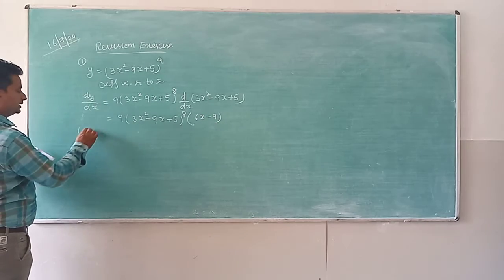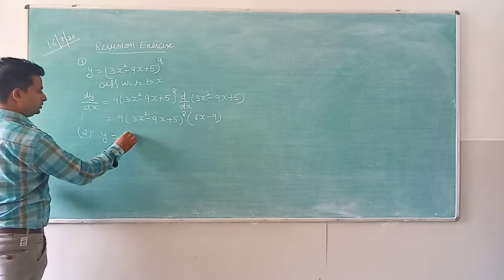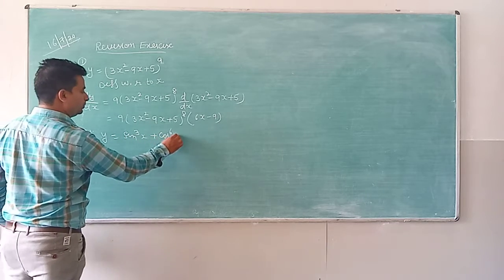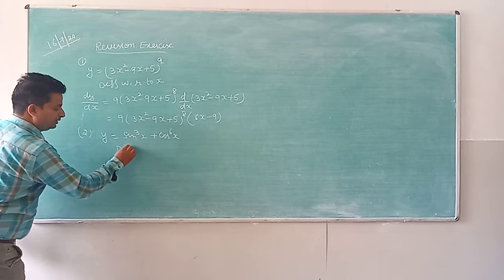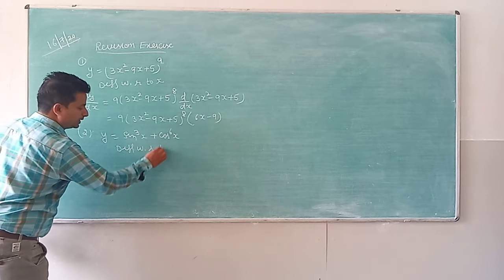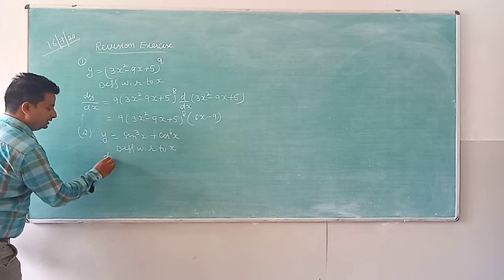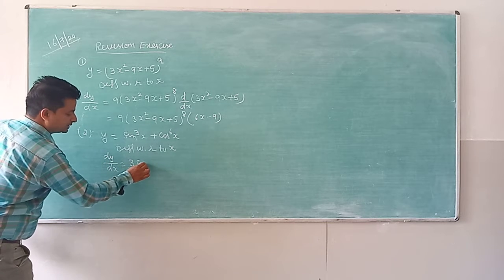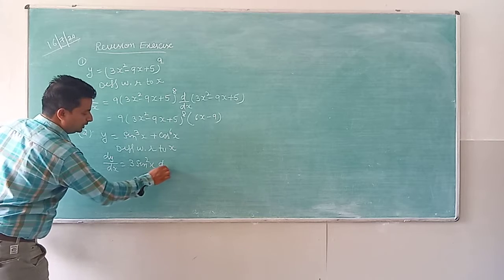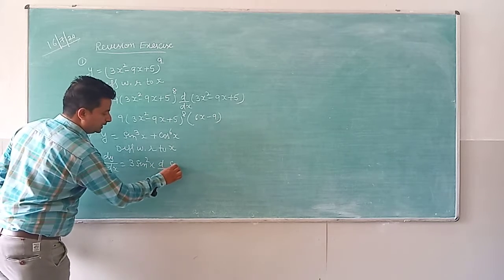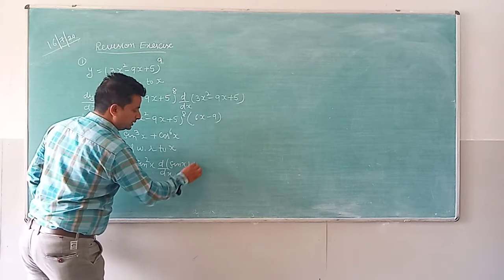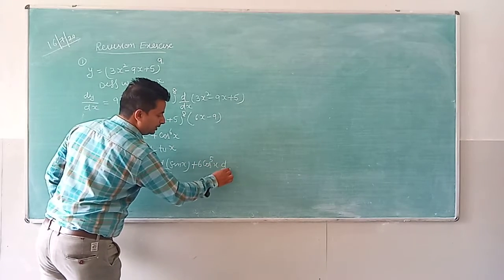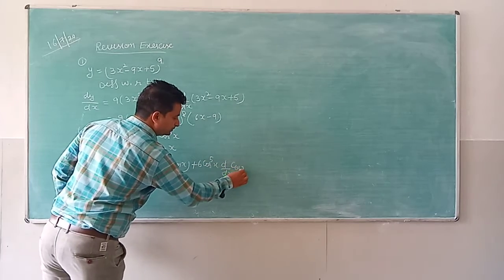In question number 2, y is equal to sin³x plus cos^6 x. When we differentiate this with respect to x, that is dy/dx, the differentiation is 3 sin²x into the derivative of sin x, plus 6 cos^5 x into the derivative of cos x.